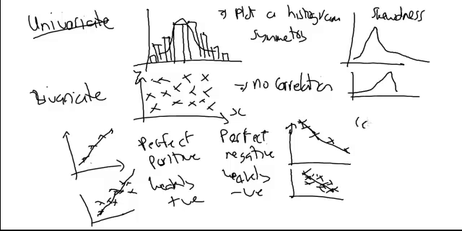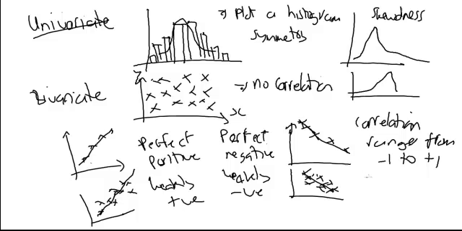We say that the correlation ranges from -1 to +1. So a correlation of 1 means it's perfectly correlated, and +1 means it's perfectly positive. -1 means it's perfect negative.